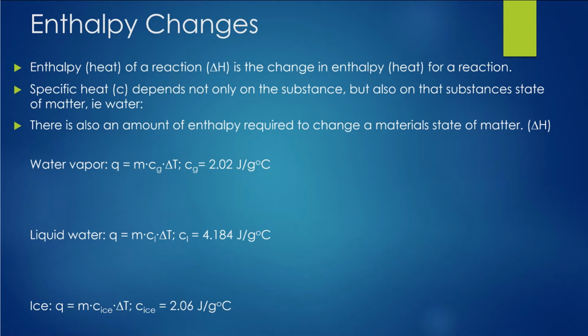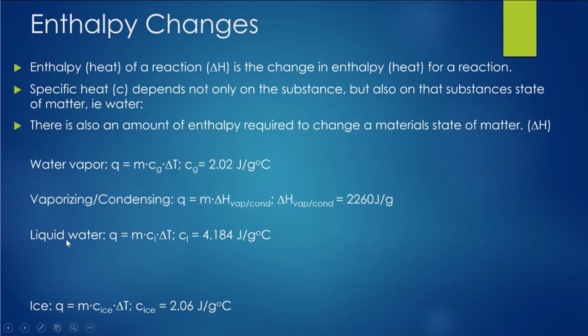There's also an amount of energy, again enthalpy, that's required to change the state of matter of a material. So when we go from solid ice to liquid water, that takes a certain amount of energy.